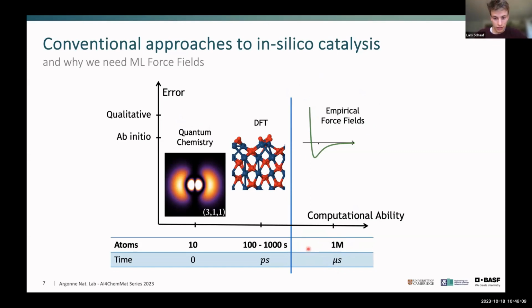So there's a clear cut here, and we can see that in the accuracy, but also in the kind of systems we can simulate computationally. And machine learning force fields are the bridge here. What they promise is a way to get the accuracy of some of these ab initio methods at a cost that's close to that of empirical force fields.